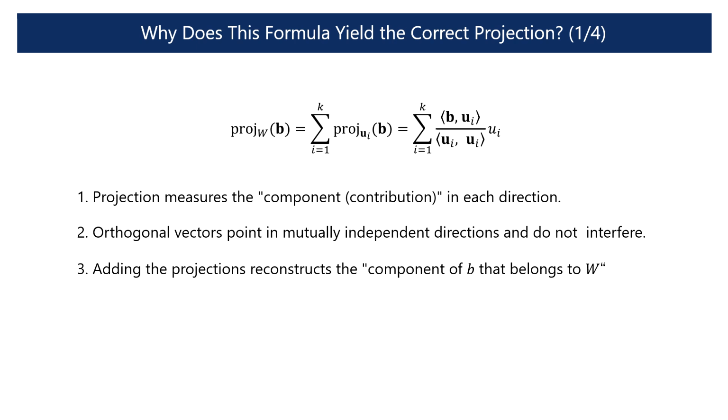Component represents contribution. Second, orthogonal vectors point in mutually independent directions and do not interfere. Third, adding the projections reconstructs the component of b that belongs to W. Let's explore each point one by one.